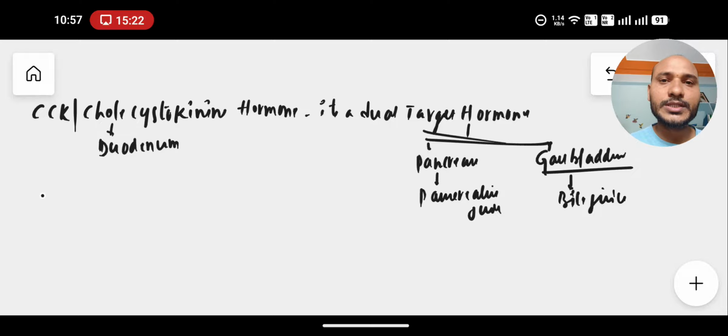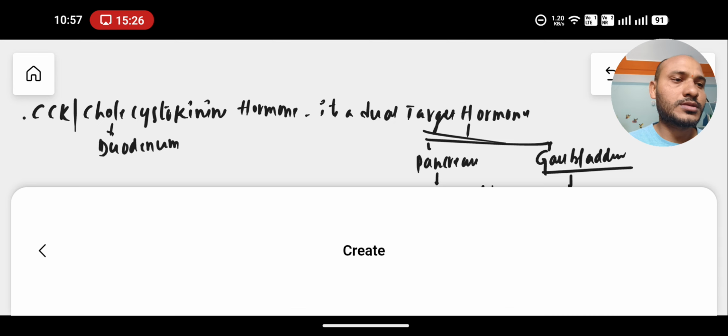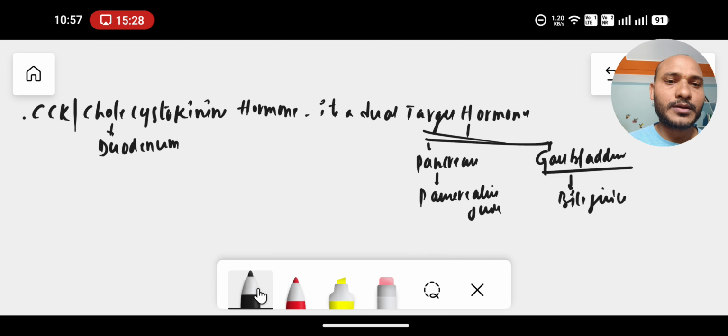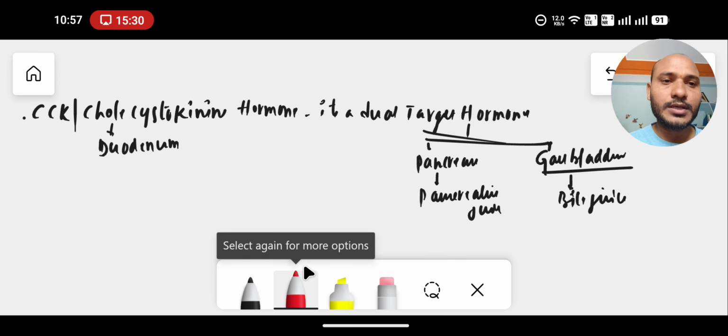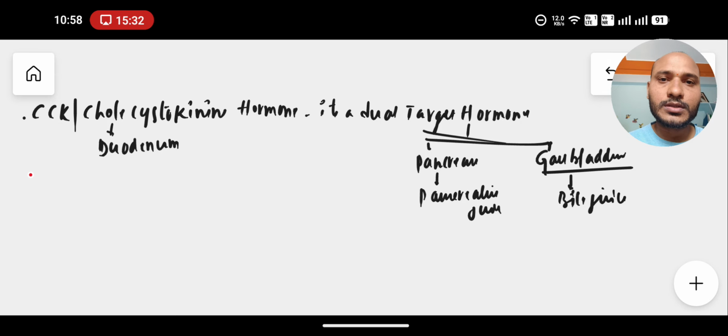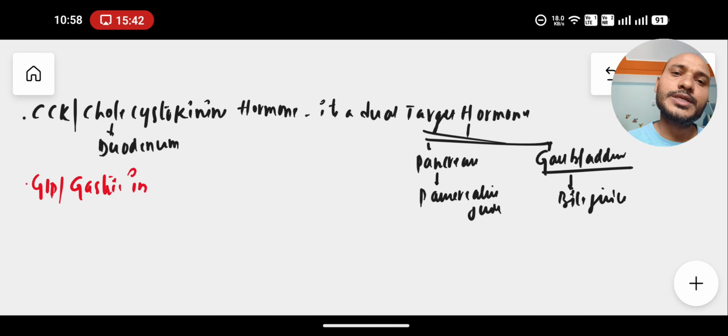Now coming to one more important hormone, the GIP hormone. GIP means gastric inhibitory peptide hormone.